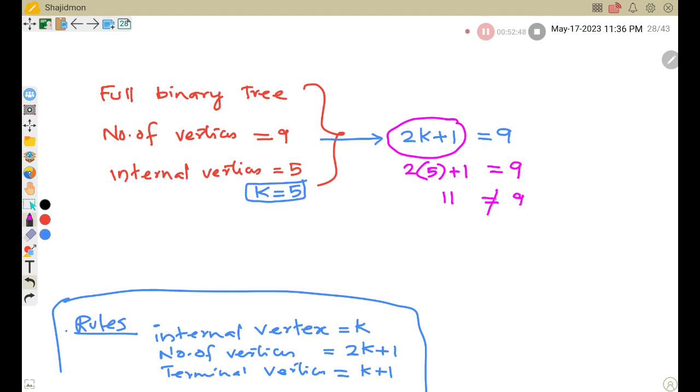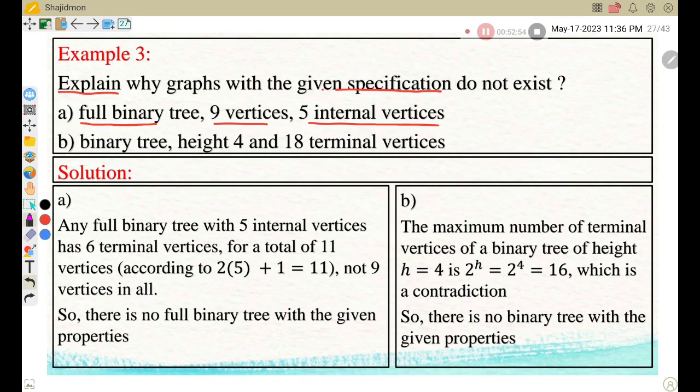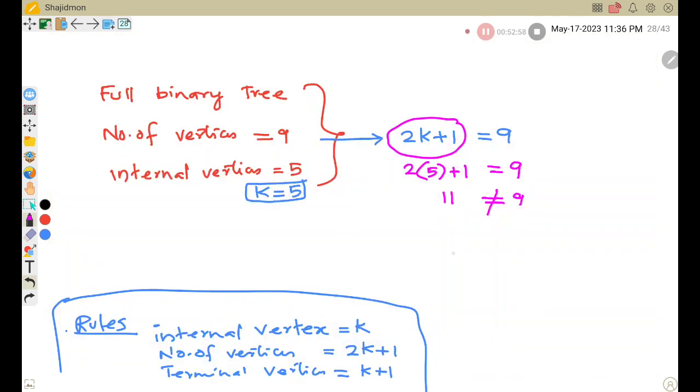No, it is not correct. So it is not possible to draw a full binary tree with 9 vertices and 5 internal vertices. Like this question, if you want to verify, we need to know these three cases: with k internal vertices, the number of vertices equals 2k plus 1 and the number of terminal vertices equals k plus 1.